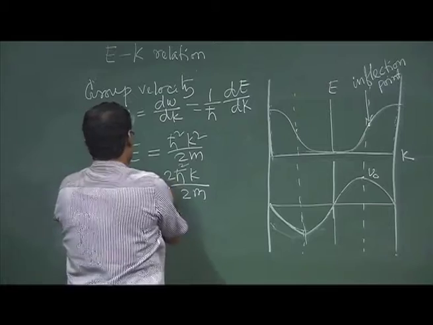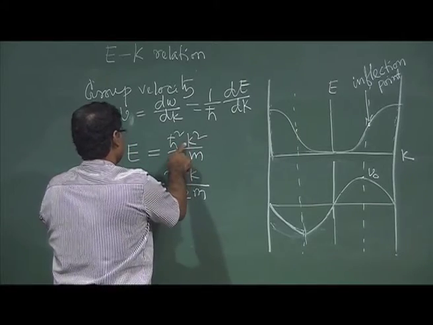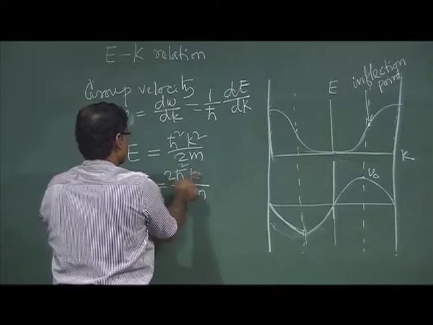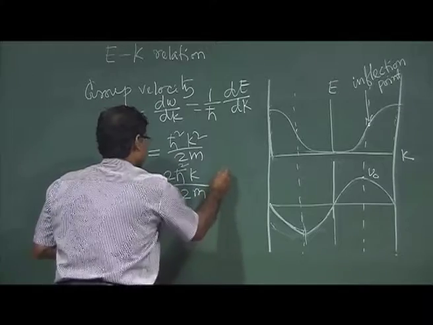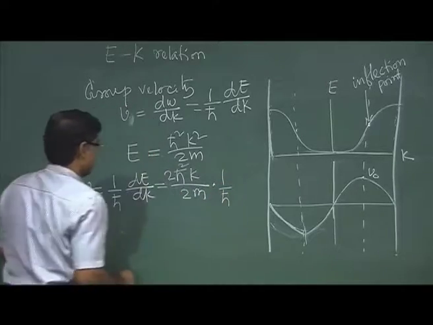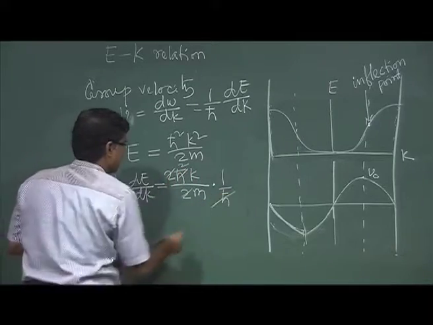So, from here, d by dk, what I got: 2 h cross square k by 2m, and 1 h cross is here. So, these two are going, this h cross is going.